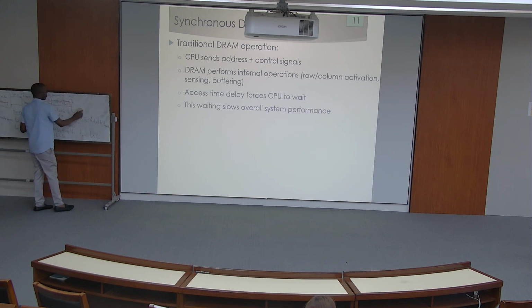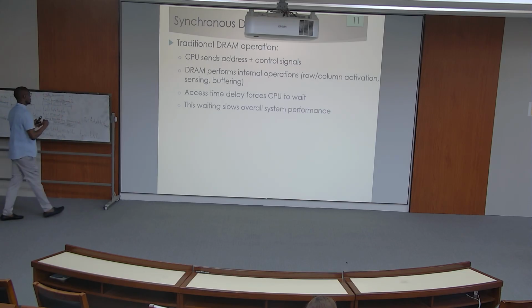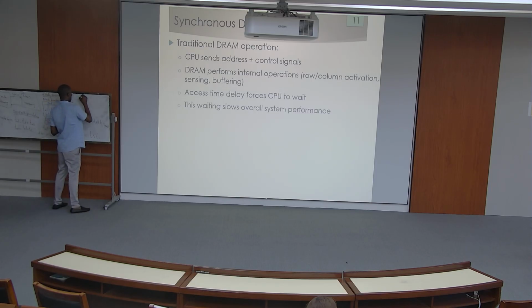Now, this is the memory organization. It is a square array. We have the first word, the second word, the third one, and so on and so forth.